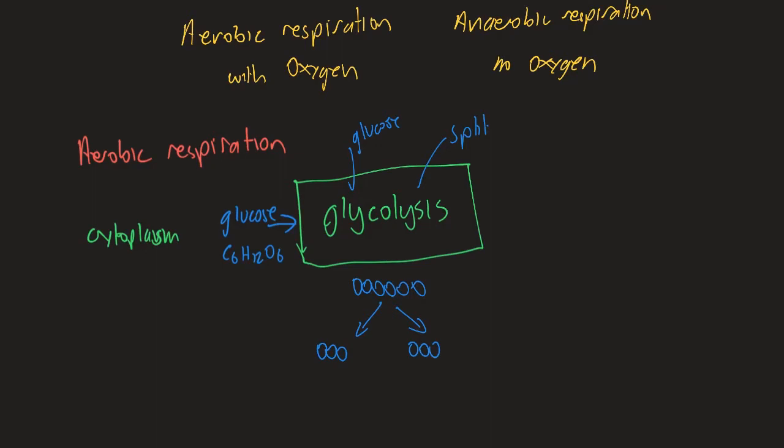And that molecule is called pyruvate, which is the next step in our aerobic respiration process. The output of glycolysis is 2 ATP. So some energy is released, but not a tremendous amount of energy at this stage.